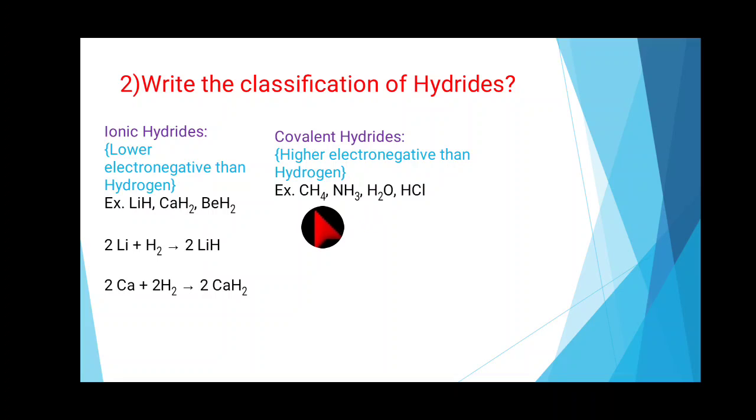They are compounds in which hydrogen is attached to another element by sharing of 2 electrons. So most of the common examples of covalent hydrides are of non-metals like methane, ammonia, then water, then hydrogen chloride.